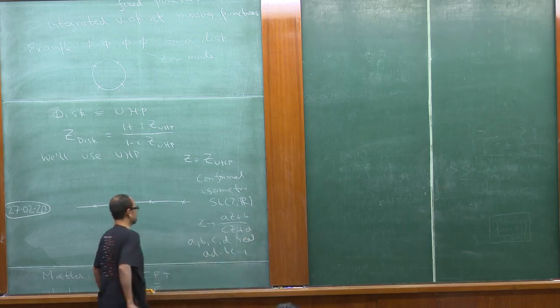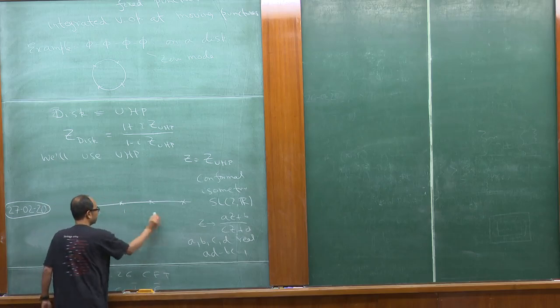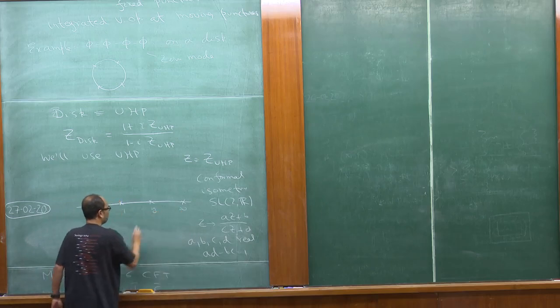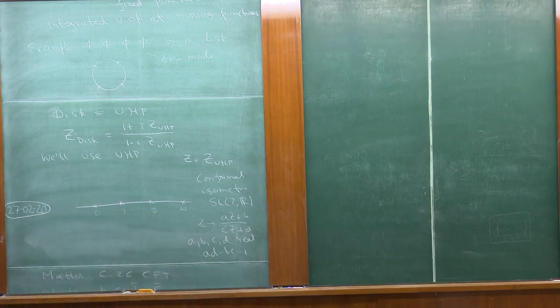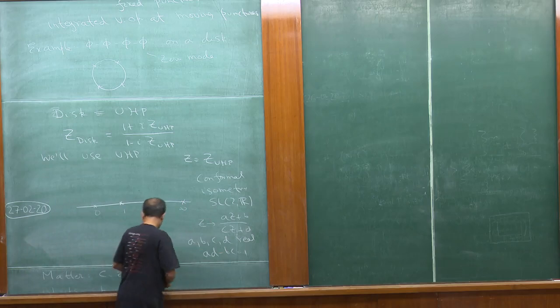Using this SL2R isometry, we can keep 3 of the points at 0, 1 and infinity, and the 4th point at some variable value y, because it has 3 parameters. Out of the 4 there is one condition.